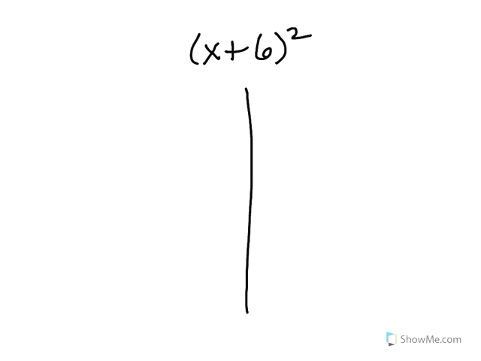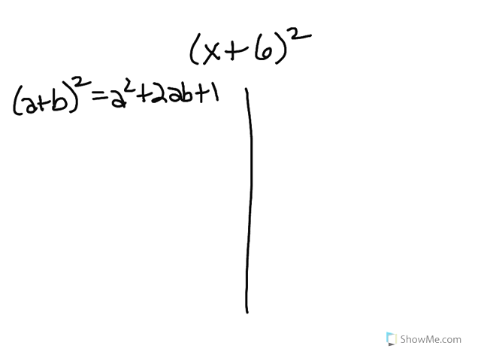So here we have the quantity x plus 6 squared. Let's say we're going to use our new information. Well, if you're going to use a rule, I recommend that you write it. And the rule we're going to use is that the quantity a plus b squared is equal to a squared plus 2ab plus b squared. All we have to do now is decide which one's a, which one's b, and plug them in.